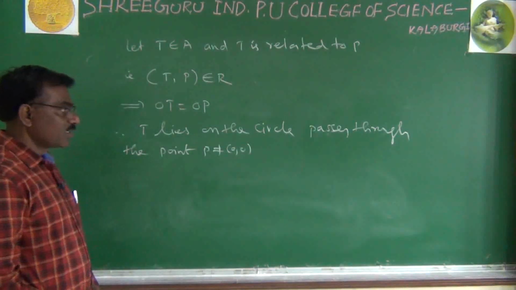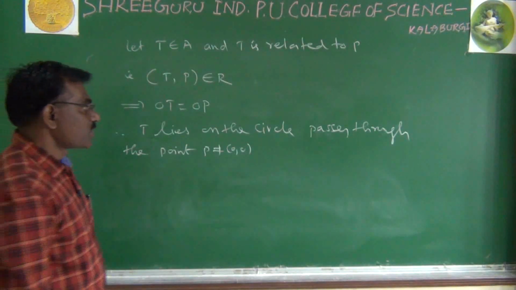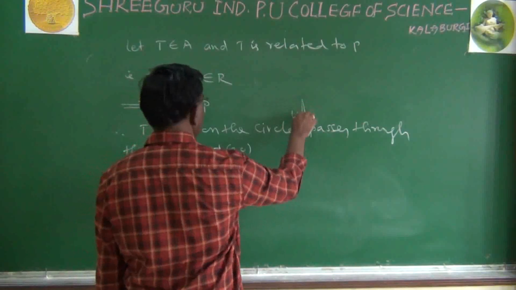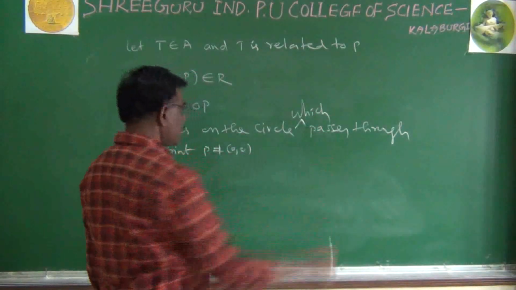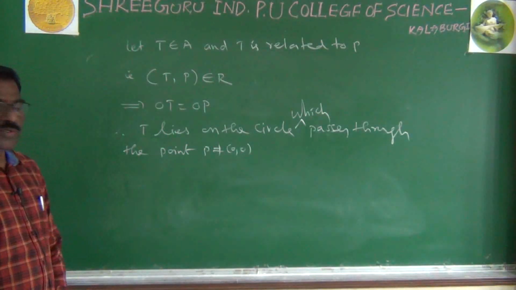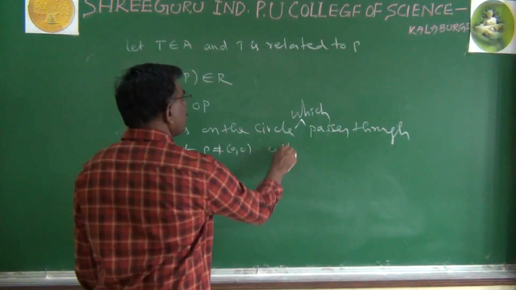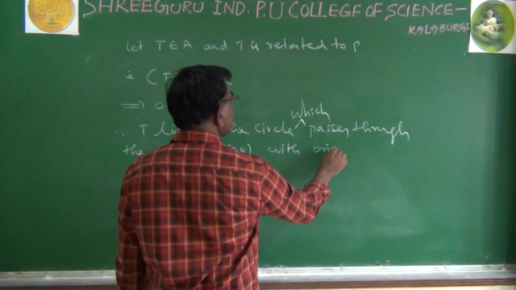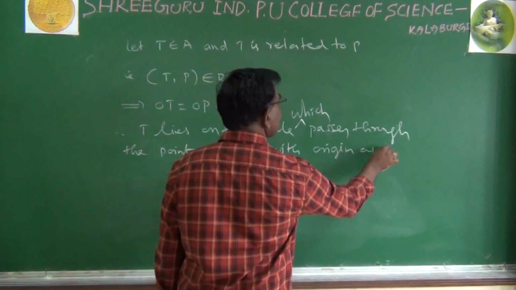T lies on the circle which passes through the point P, with the origin as center.